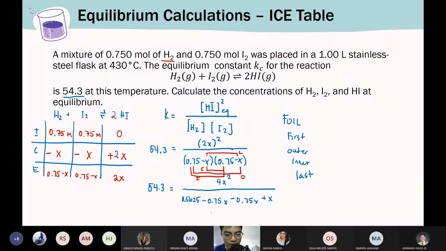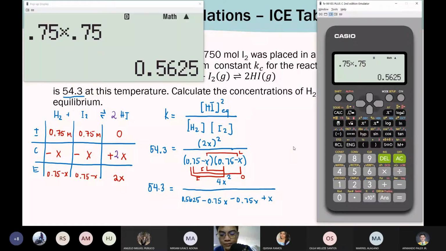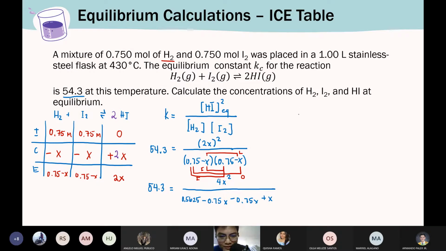Tapos pagsamahin mo yung dalawang 0.75x, so that's 1.5x. So that's 54.3 times the denominator: 4x squared equals 0.5625 minus 1.5x plus x squared. Then, ano susunod na gagawin? Di cross multiply. You cross multiply it with 54.3.